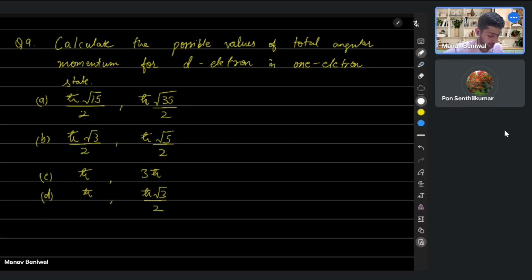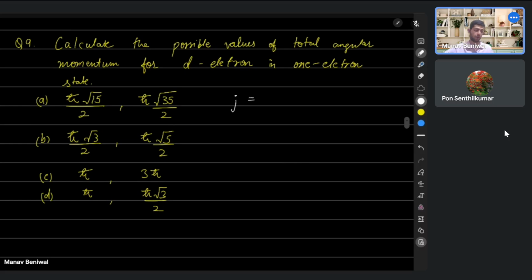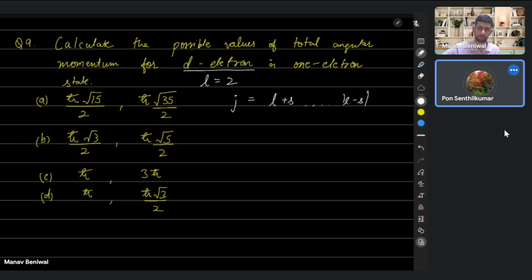Instead of L, this time we will take J. This is the total angular momentum, right? And this value goes from L plus S all the way down to L minus S. So here, what is the value of L? D electron, so L is 2, and S will be half, right?